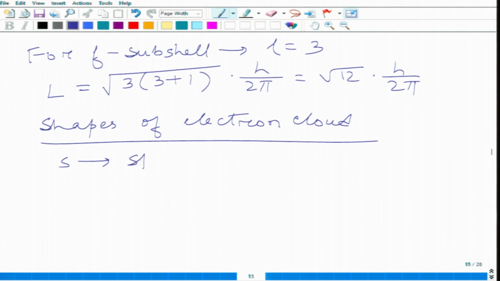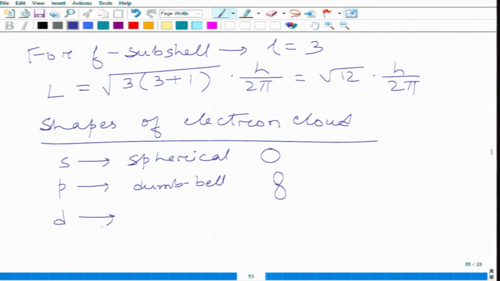So s orbital is spherical like this. p orbital is dumbbell shaped like this. d orbital is double dumbbell like this.